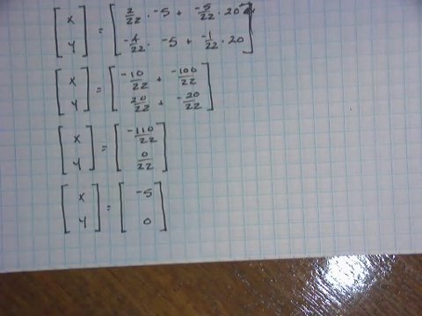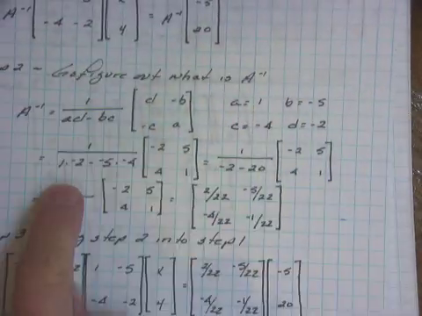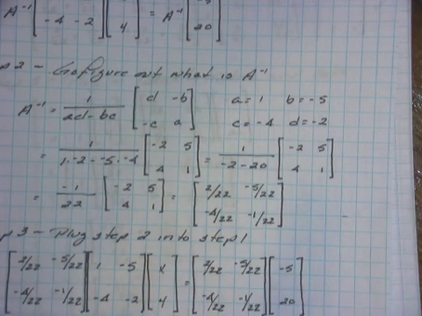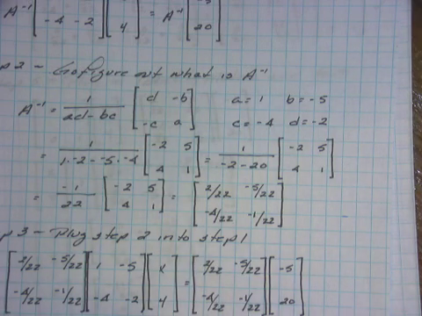So the solution to this system of equations is x equals negative 5 and y equals 0. So now you've got another example on how to solve a system of equations using matrices. This way is much easier than what I showed you last time, because we're using the simplified formula to find the inverse matrix.